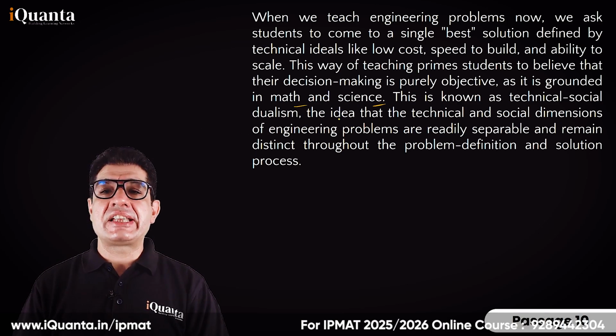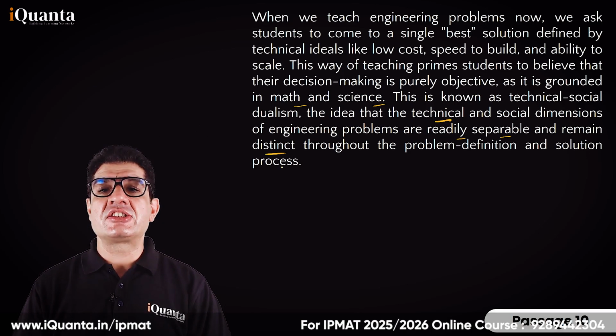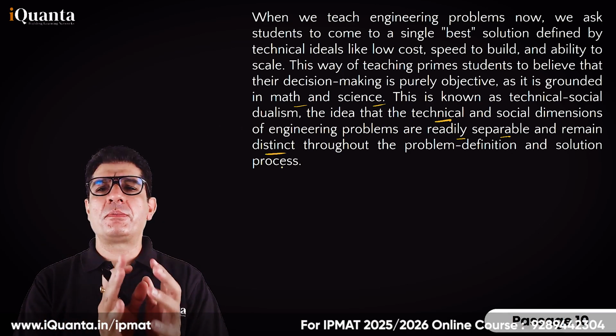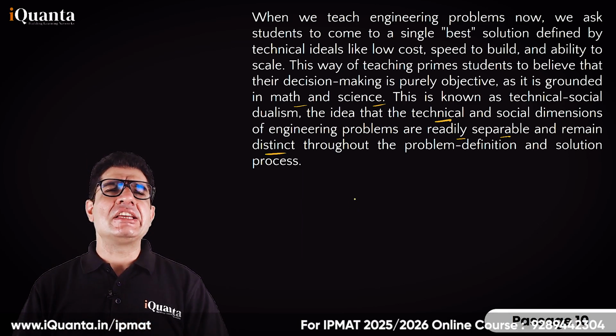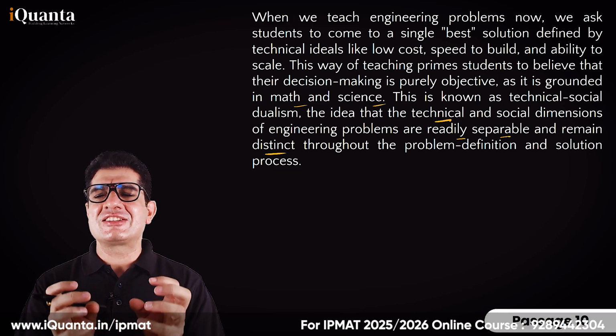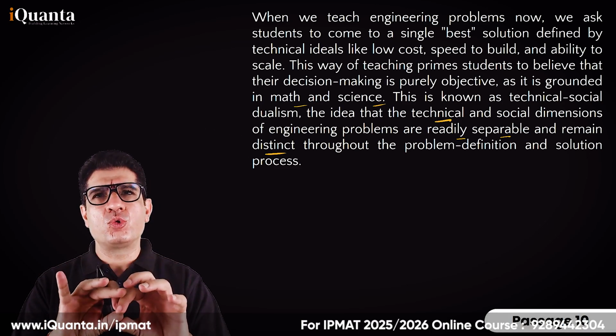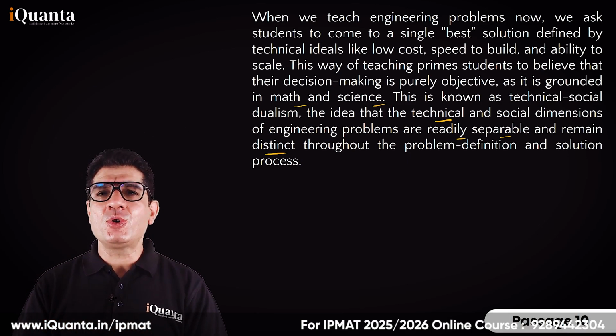This is known as technical social dualism. The idea that the technical and social dimensions of engineering problems are readily separable and remain distinct throughout the problem definition and solution process. So basically, see, dualism essentially at its core is an idea that things are made up of two contrasting parts, or that things can be divided into two parts.